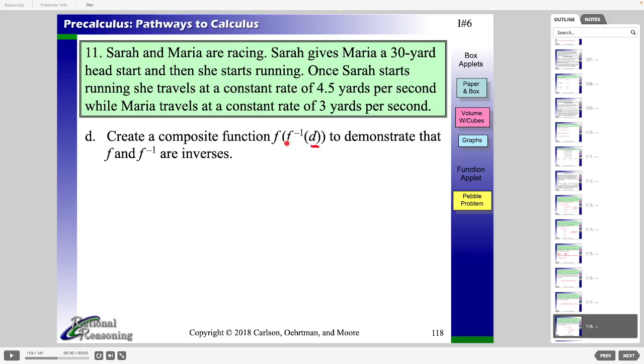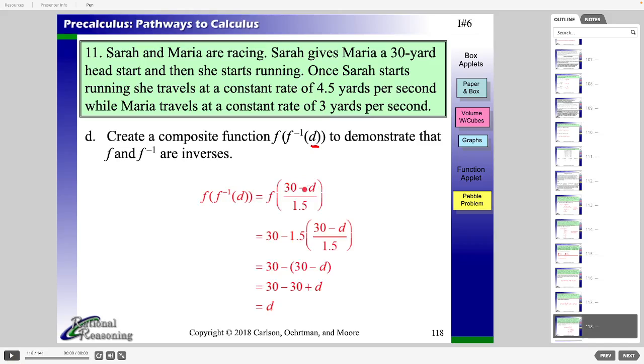So if we take the inverse function and plug it into f, the 1.5 and 1.5 cancel, there's a negative here, so that's going to make negative 30 plus d. The 30s cancel. We end up back exactly where we started. So we see that they are inverse functions of each other. And they should be, because what we did is we started with one and solved for the other variable. That's what makes them inverses.